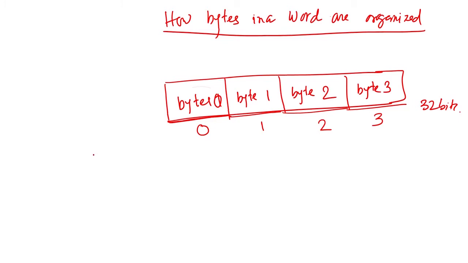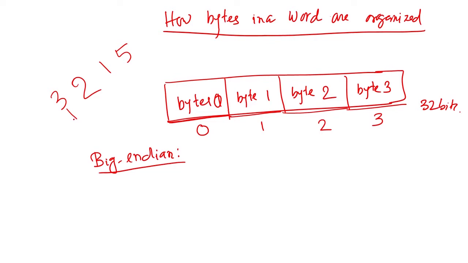One is called big endian. So, let us say I have a number, let us say 3215. Okay. So, we assume that each decimal digit is converted into the corresponding binary in 8 bits.